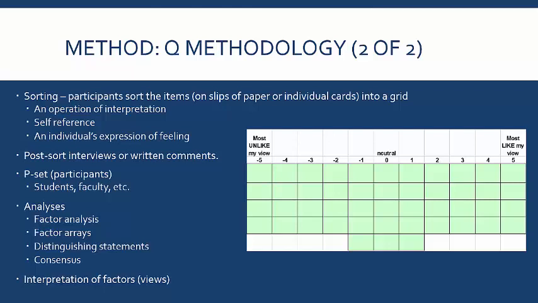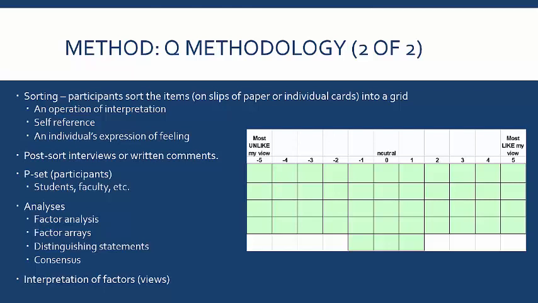I think it was evaluating my flipped physics class, and she came up to me and said, "I don't understand what you want. How am I supposed to order these items?" And I said, "Well, based on your viewpoint, I want to know what you think about this." She was like, "You want to know what I think about something?" And I said, "Yes." She said, "I don't think anybody has ever asked me what I think about something." So it's a little different for a lot of my students.